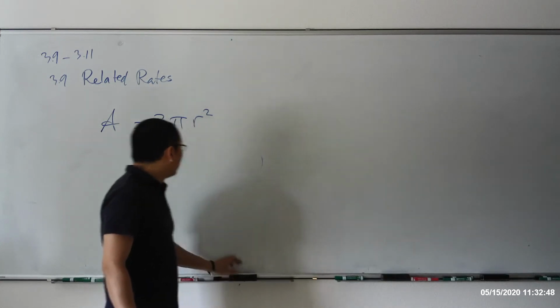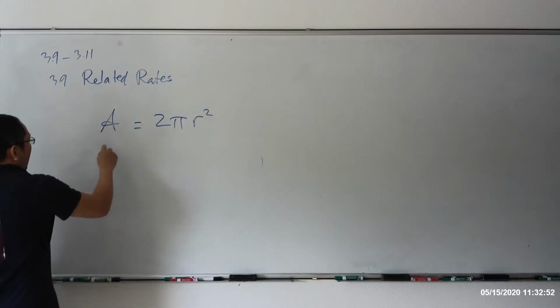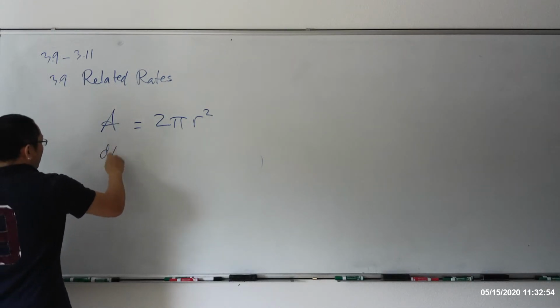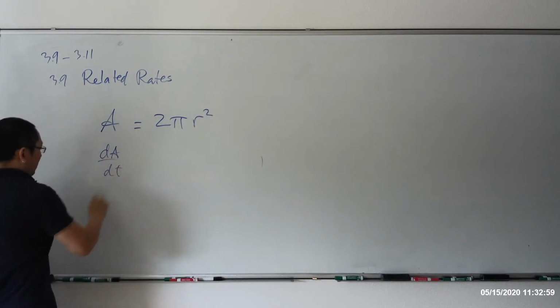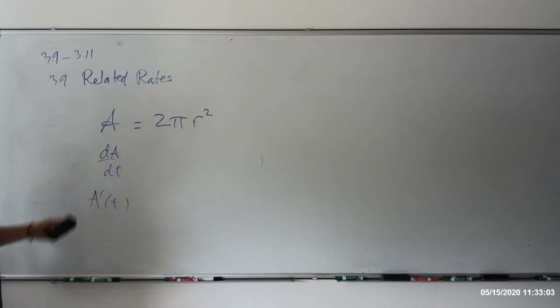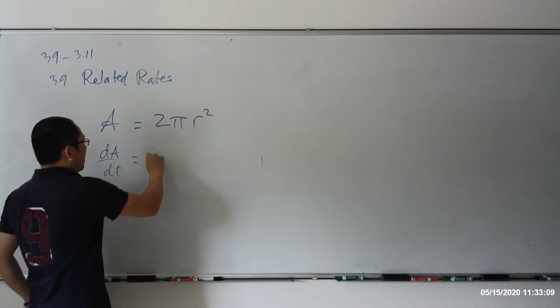So, differentiate both sides. I have what? The derivative is dA over dt, which is the same as A prime of t. I'm going to use limit notation here. This is the notation of the book, but you can use A prime of t, that's okay. It's equal to 2 pi, a constant.